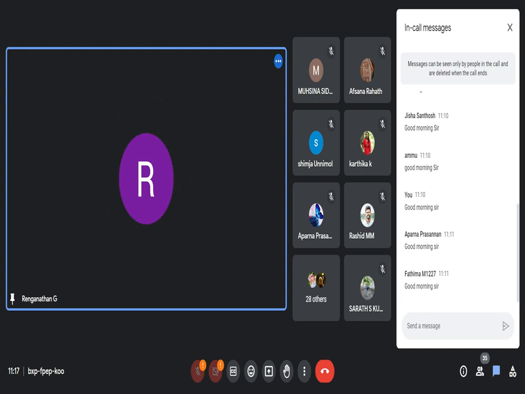Design 1 - 20, design 2 - 30, design 3 - 18, design 4 - 32.